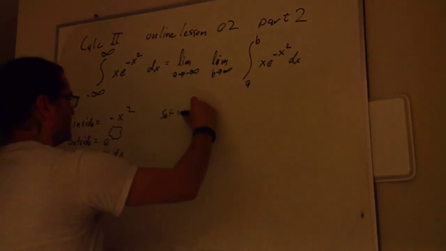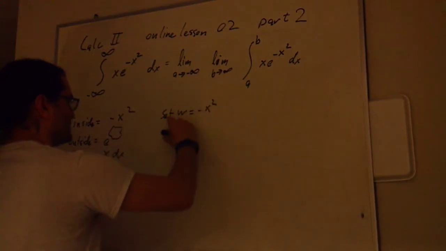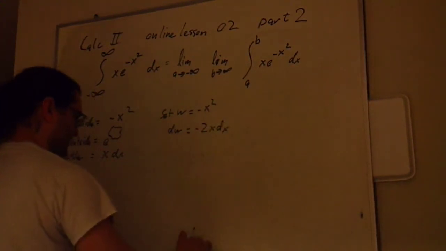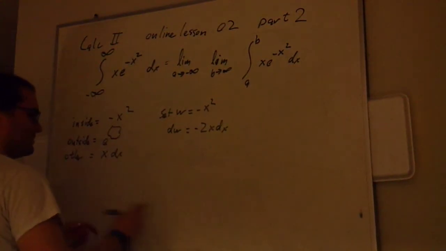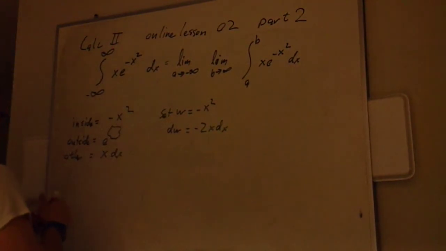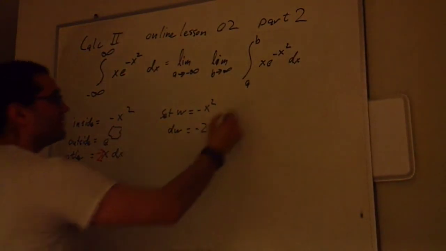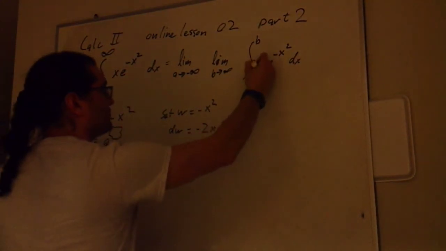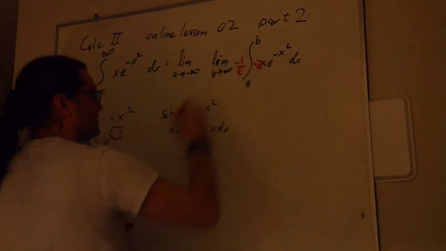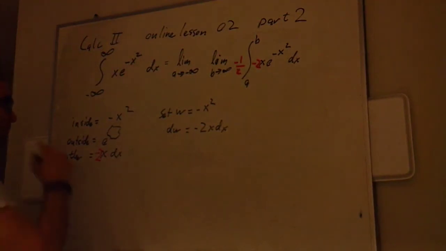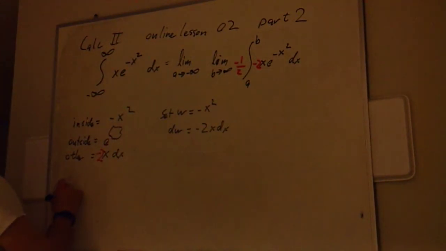So I will set w equal to negative x squared, which means that dw is negative 2x dx. It mostly matches, but I'm going to need to put a negative 2 here. So if I put a negative 2 in front, then I need to put a negative 1/2 on the outside to balance that.